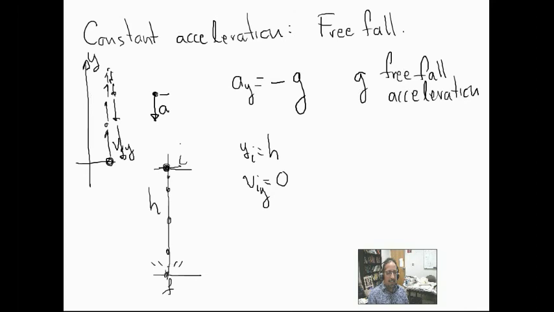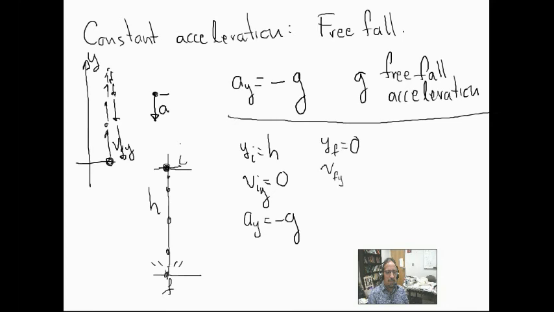And then the acceleration in the y direction is minus g. In the final condition, y final is 0. The final velocity we don't know, and by the way it is not 0, because even though eventually it's going to stop because the ground is there, that's not the velocity with which it reaches the ground.